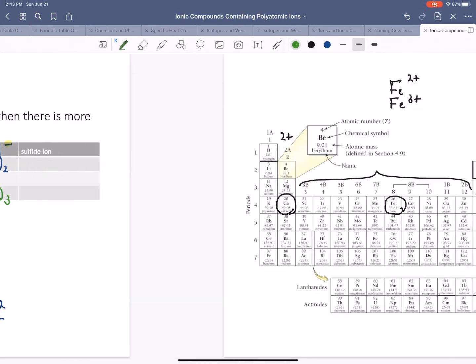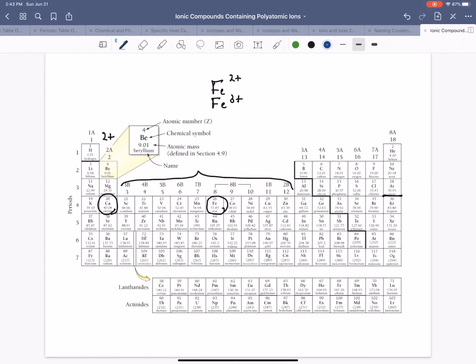Sulfide is on the periodic table. Here is sulfur. Sulfur is in group 6, and to be isoelectronic, it needs to be like the nearest noble gas. Sulfur has 16 protons, and an atom would have 16 electrons, but if it can gain 2 electrons, it'll have a -2 charge.